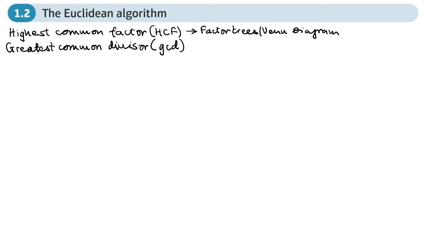And we're going to be using this algorithm to help us find this greatest common divisor. So we're going to be using the Euclidean algorithm to find it. Now, if you've not done D1 or you're not doing computer science, you may not know what an algorithm is.